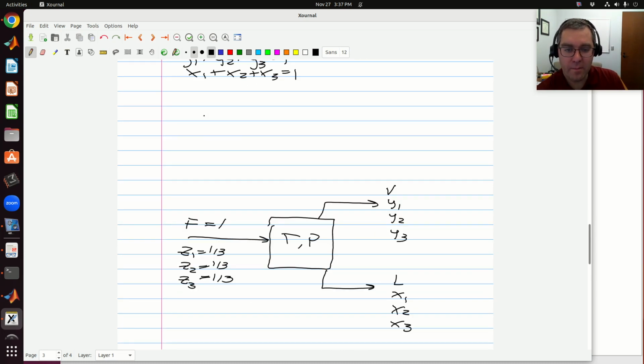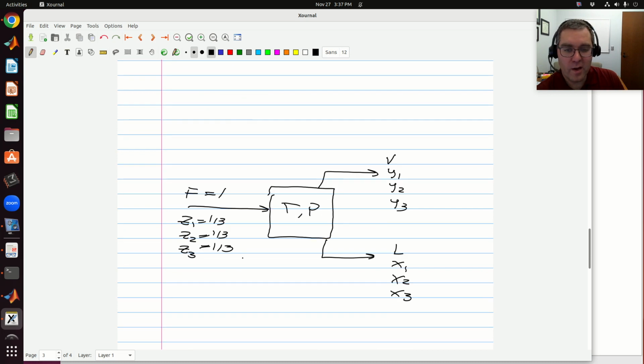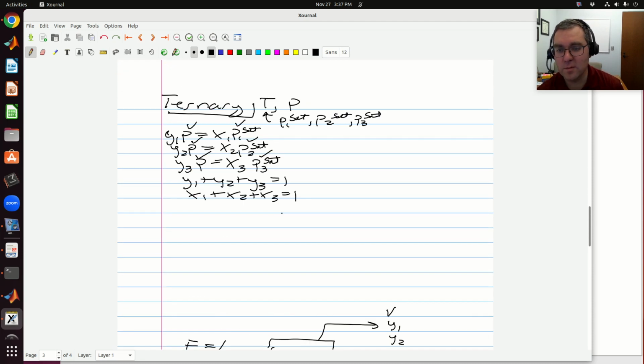All right, so if I write down my schematic here for my ternary system, I could write down 3 component mass balances.